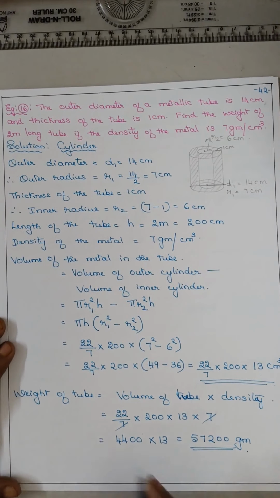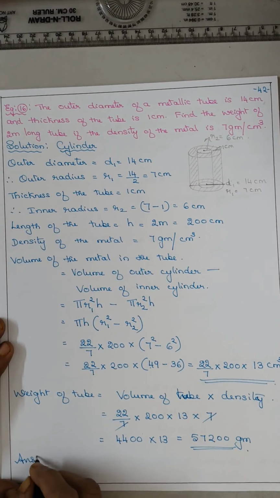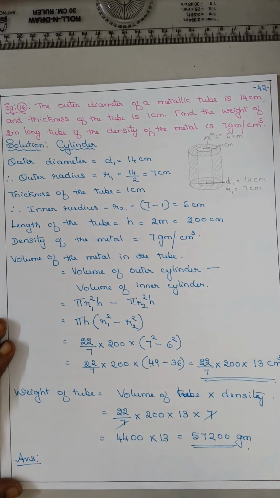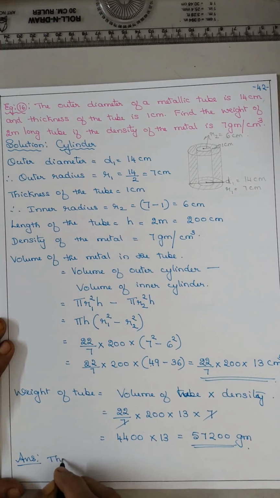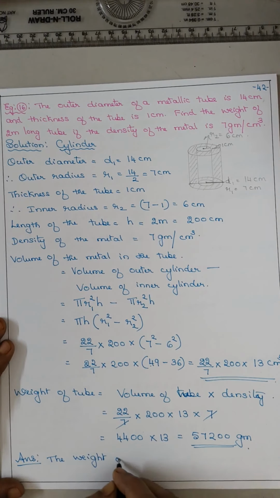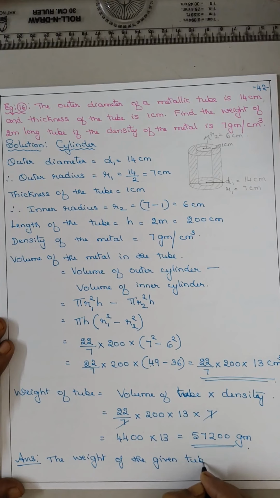Understood? So answer: the weight of the given tube is 57200 gram.